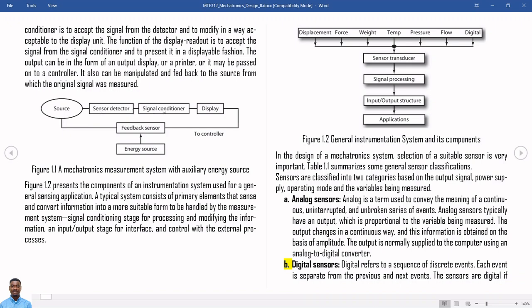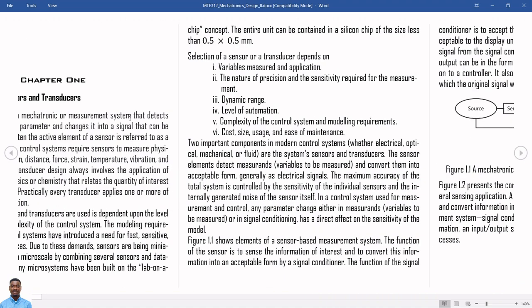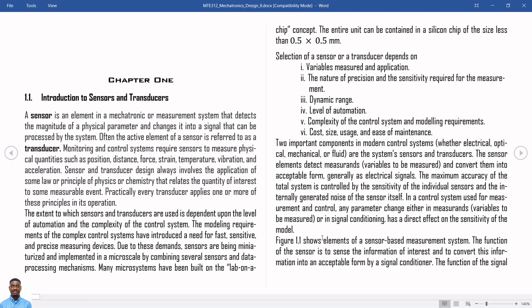From there it goes to the signal conditioner, and whatever is conditioned is displayed, and that is sent to the feedback sensor, and that also goes back to the source. The feedback sensor in this case is checking what is being measured here against the set point, kind of a closed loop system. So that is just an explanation of that figure.